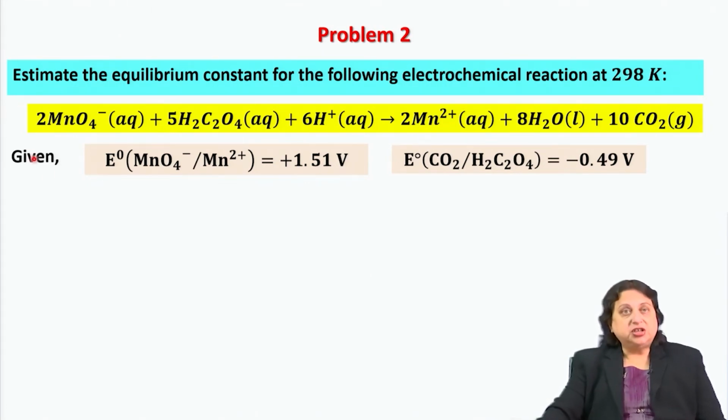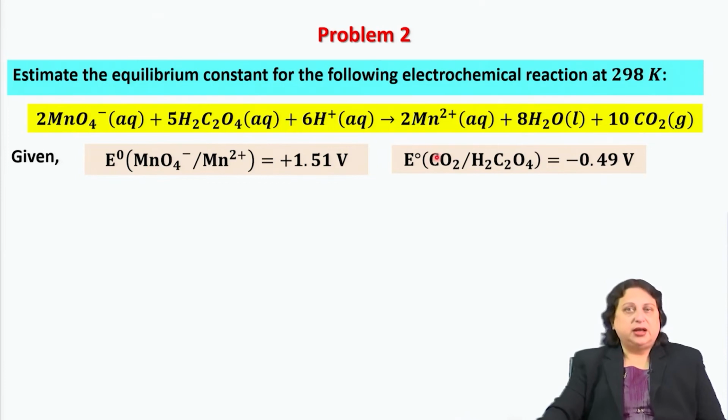Now, there are additional data which are given to you. In this case, the permanganate ion, in which Mn is in the oxidation state of +7, is getting converted into Mn2 plus. So, I would say that this is a reduction reaction.